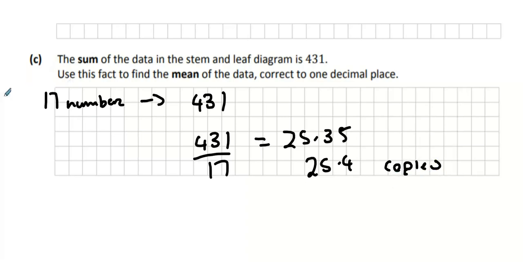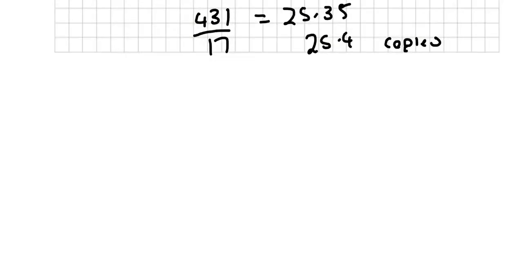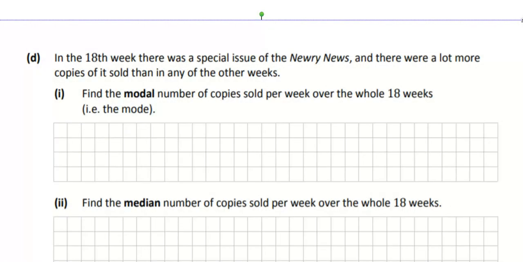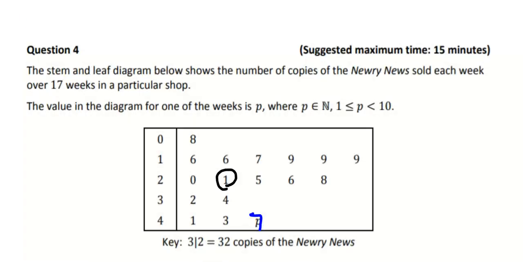Okay. Next part, D. In the 18th week, there was a special issue in the news, and there was a lot more copies sold than any other week. Find the modal number of copies sold per week over the whole 18 weeks, i.e. the mode. So look, guys, we're just going to make up a huge number at the end of this list, okay?